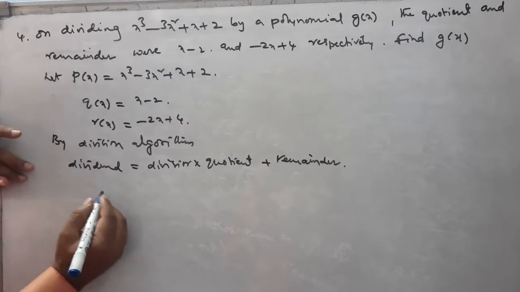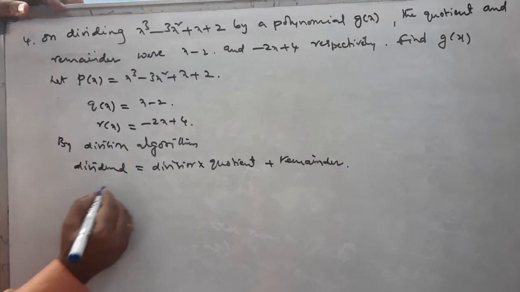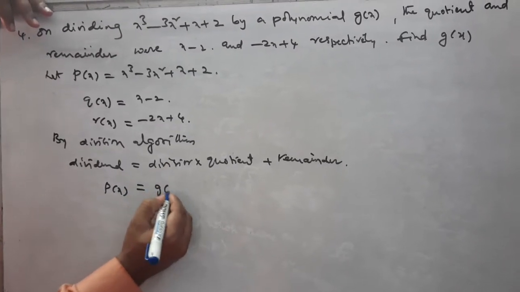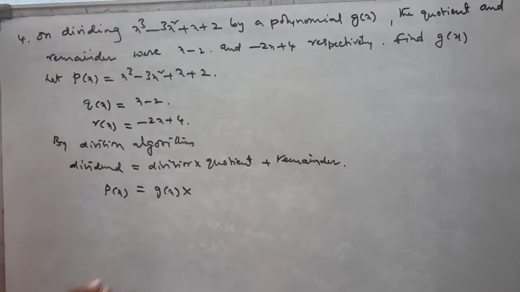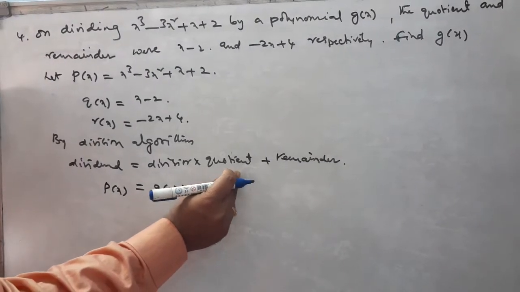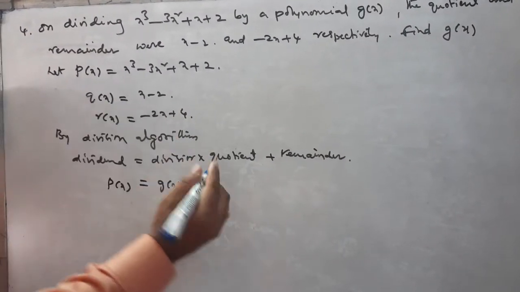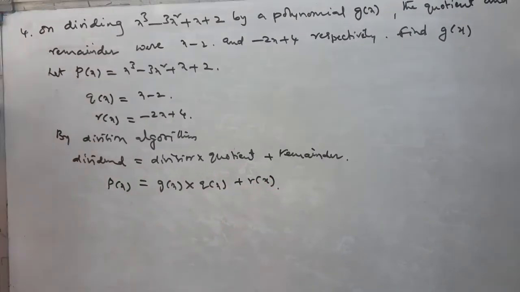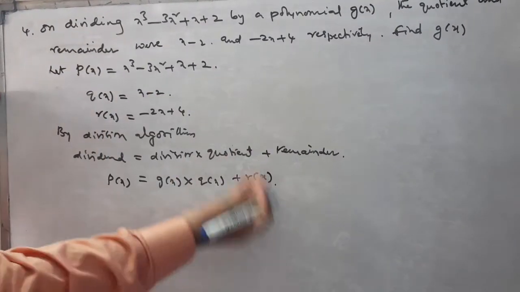So dividend means p of x. Here p of x is equal to divisor g of x into quotient q of x plus r of x. So bring r of x to the left side.